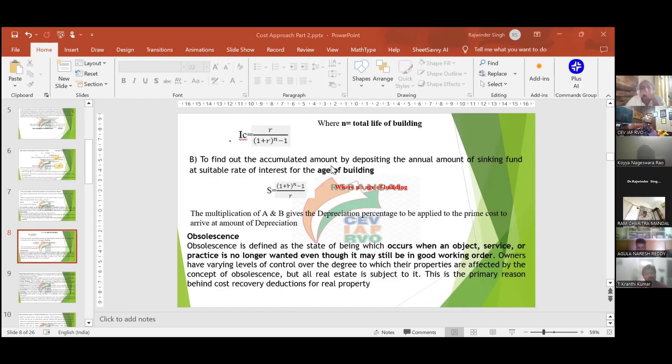We are having RC slabs, and of course, the external and internal design has changed from what it was about 20-30 years ago. And the type of sanitary fittings which were there about 20-30 years ago, they are not being used these days.